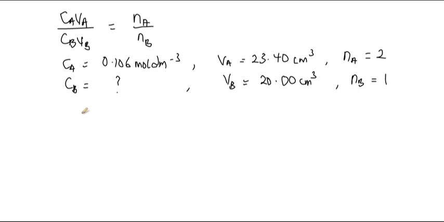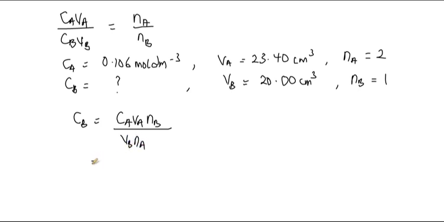So we have Cb to be equal to CaVa multiplied by Nb divided by Vb multiplied by Na. So let's substitute the values.